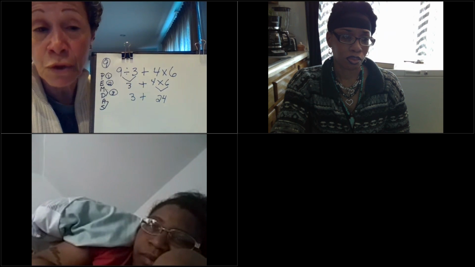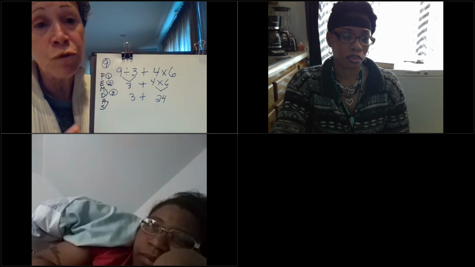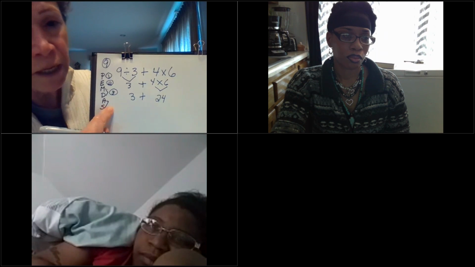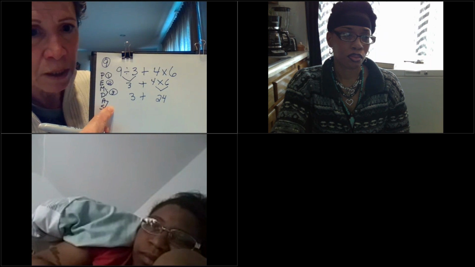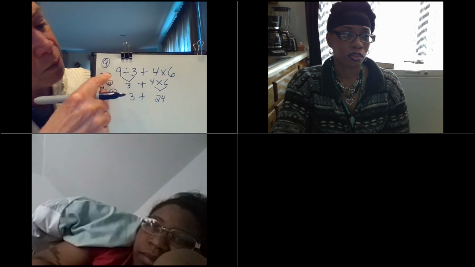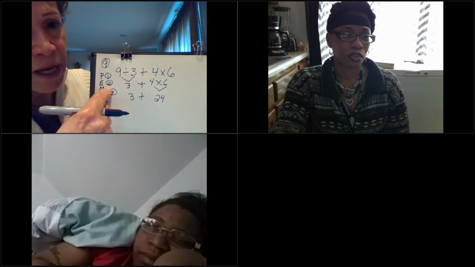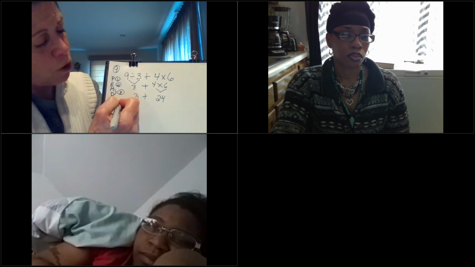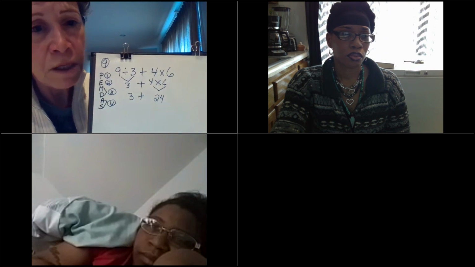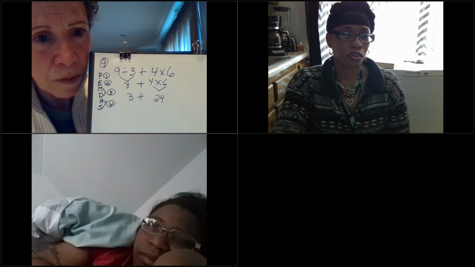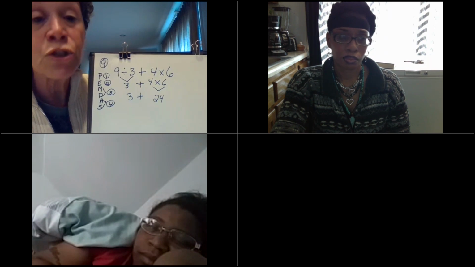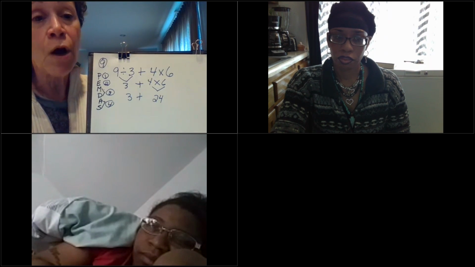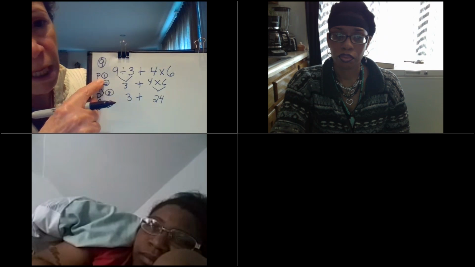All of this is left to right. You're correct. But you don't start left to right at addition and subtraction. You always start with parentheses, then exponents, then multiplication or division, and then fourth, addition or subtraction. So yes, you go left to right, but only in this order.